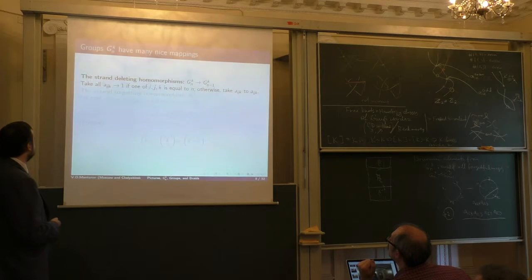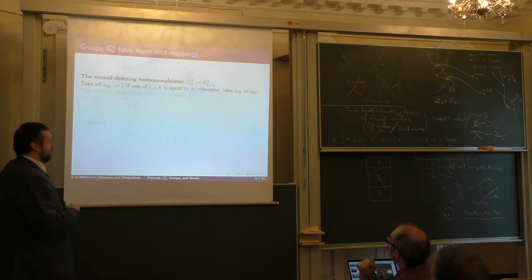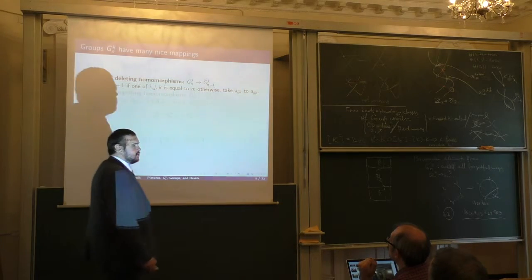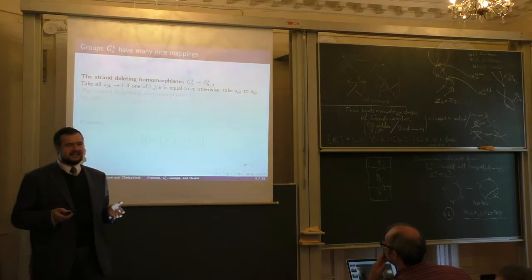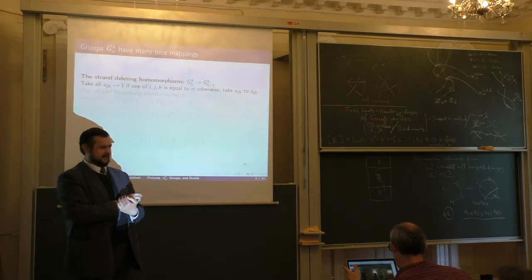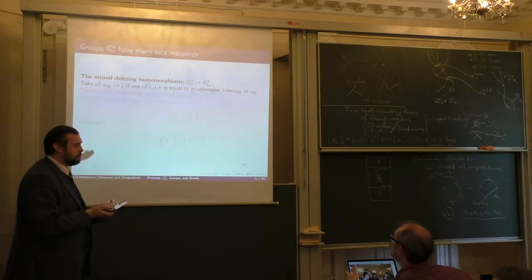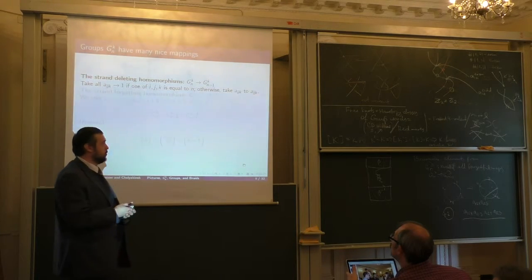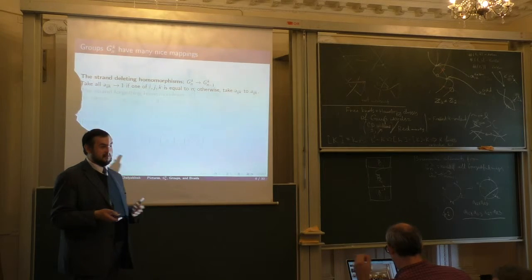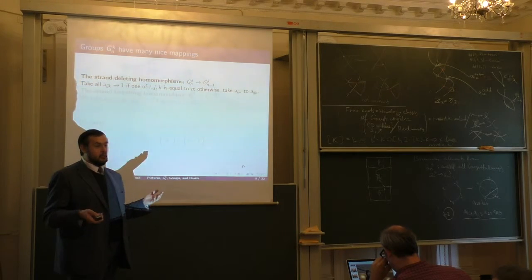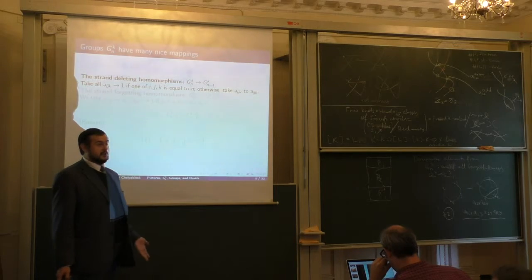So now I want to say that these groups have many nice mappings, which are actually something like strand forgetting and strand deleting mappings. In a way similar to what was done in the previous talk when we were looking at braids and Brownian braids, we can remove one strand.